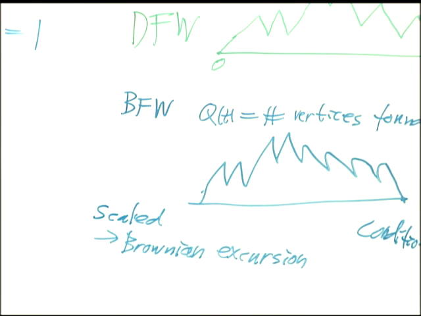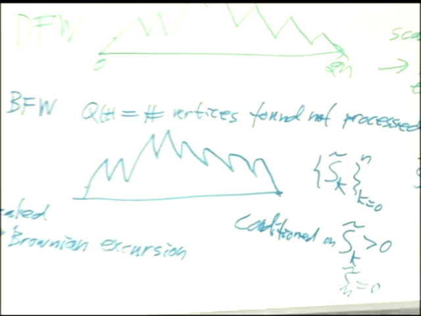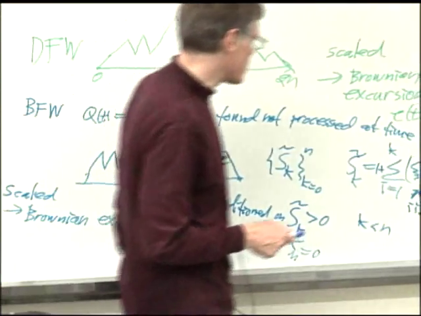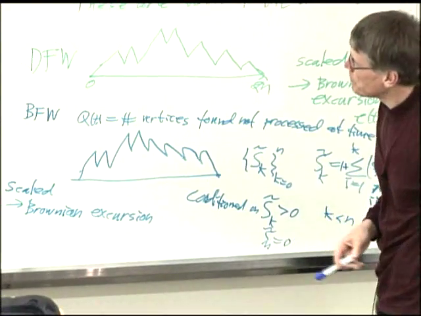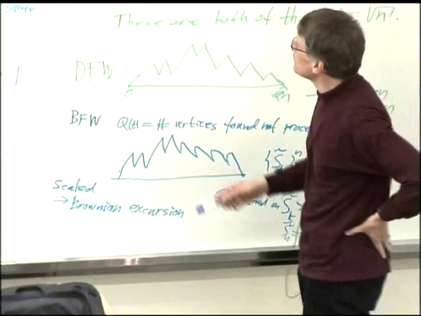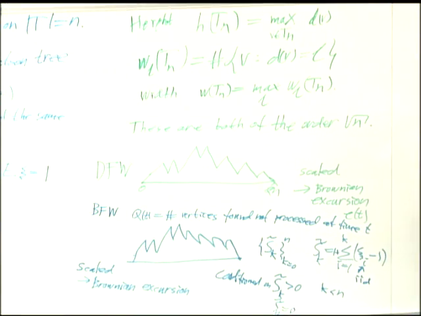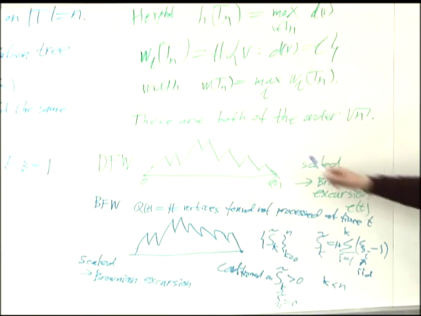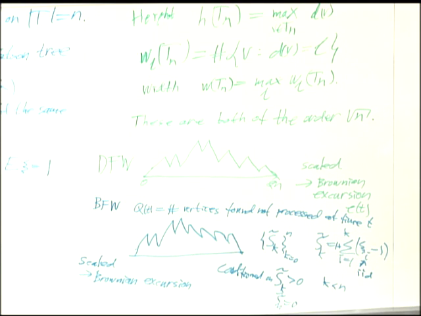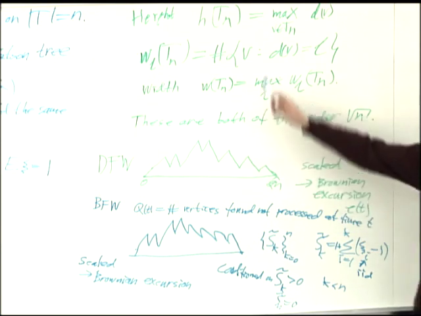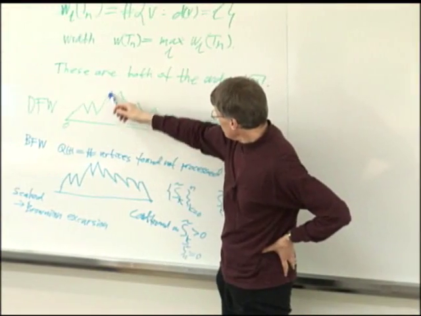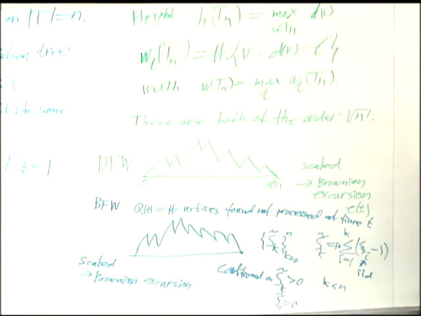Somehow one of them corresponds to the local time of the other in some sense. So let me say one thing. If we now want to find a height or width, we can read them off more or less, at least from both these. So the height, for example, is certainly the same as the maximum value of this depth first walk.